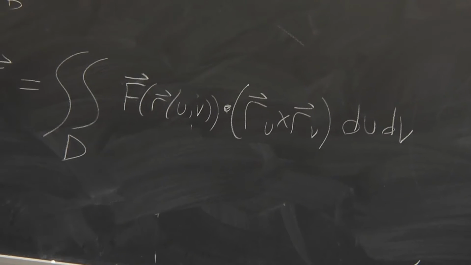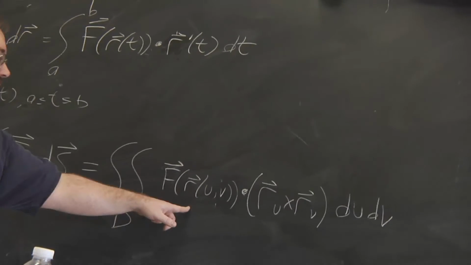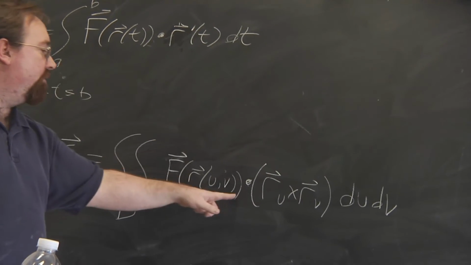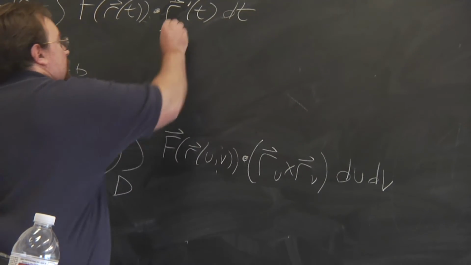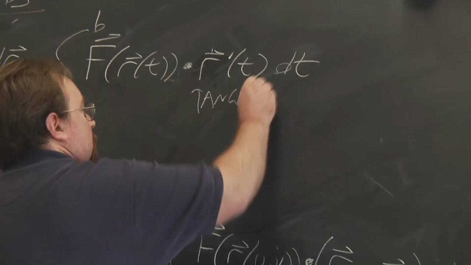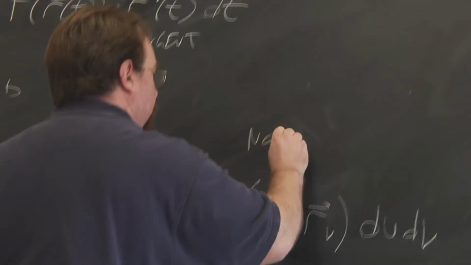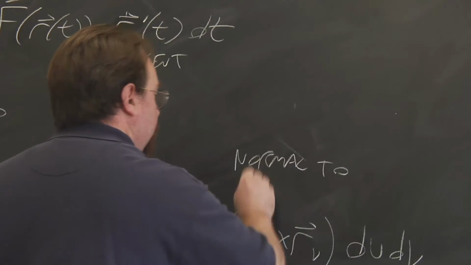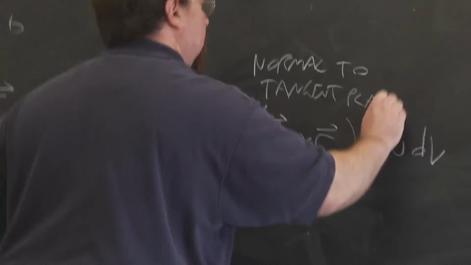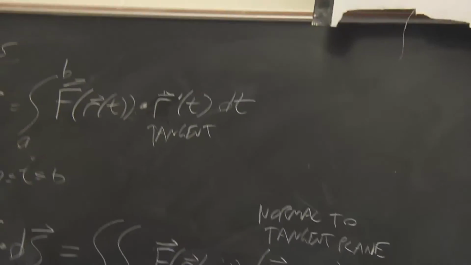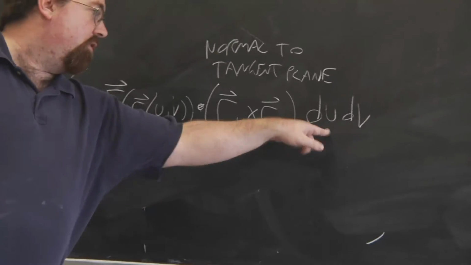So in both cases, you're plugging the parameterization into your vector field. There's going to be a dot product involved, tangent vector in one case, normal vector in the other. And then integrate with respect to your parameters, u and v.